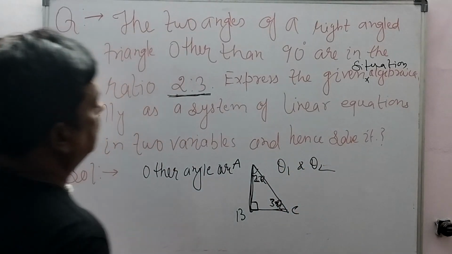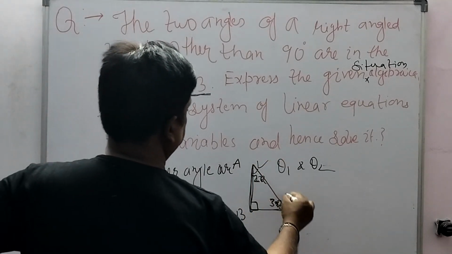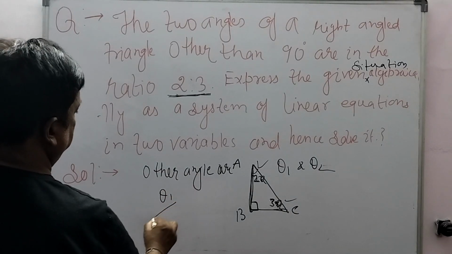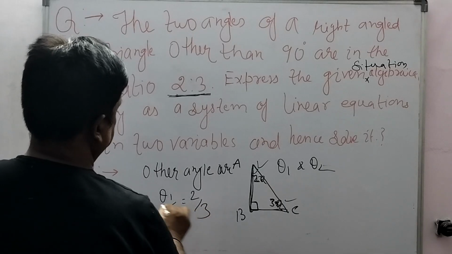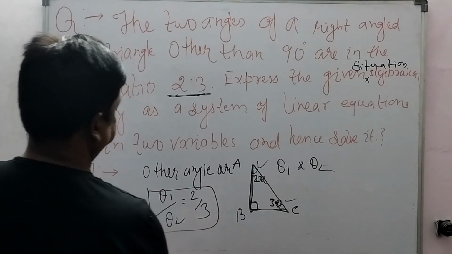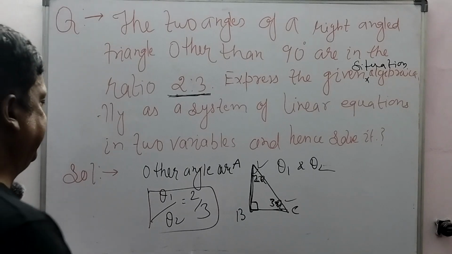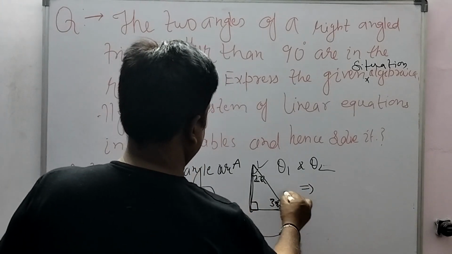One angle is 90 degree, the other angles are theta 1 and theta 2. Then the condition says theta 1 by theta 2 equal to 2 by 3. This is one condition. Theta 1 by theta 2, 2 is to 3. We can solve it in that case also.